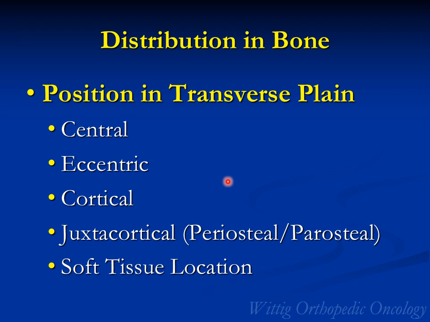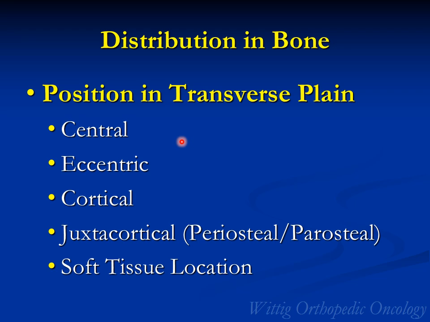Okay. Now we're going to go over some other important qualities about different tumors, namely lists of different characteristics of the various tumors. It's important to note the distribution or the position of the tumor in the bone in both the transverse and longitudinal planes.